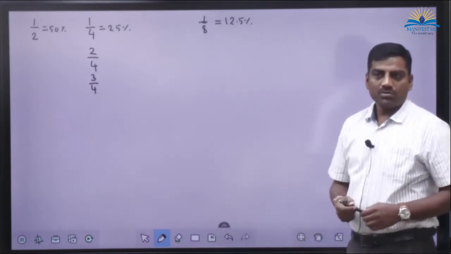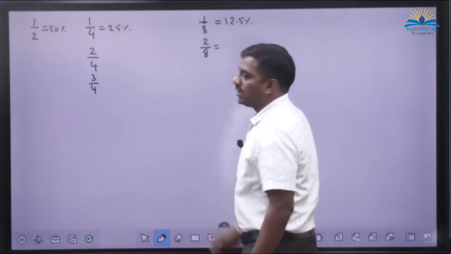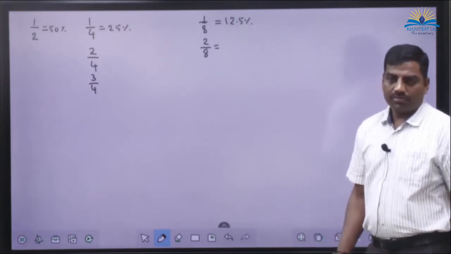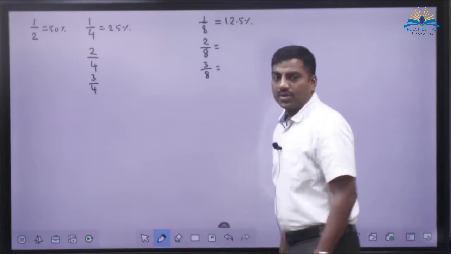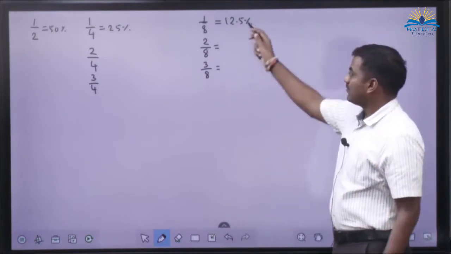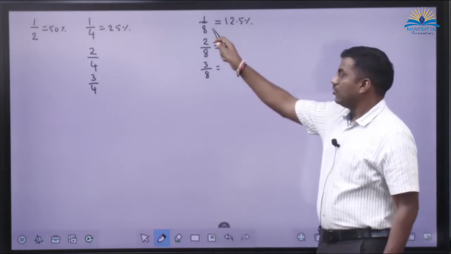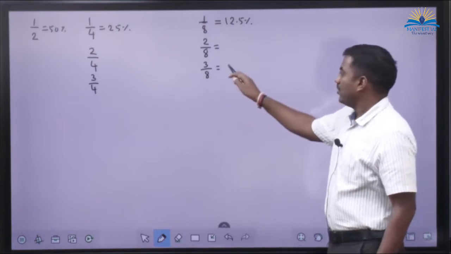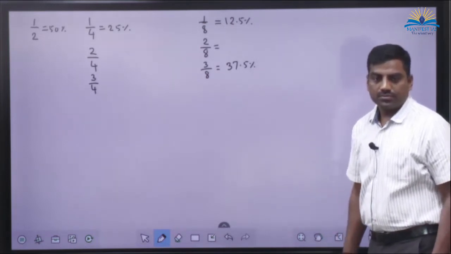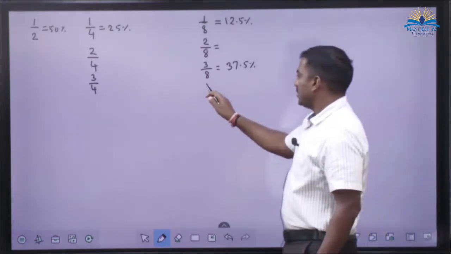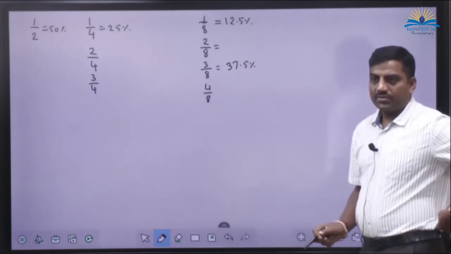Then 2 by 8 is nothing but 1 by 4. 3 by 8: it is 3 times of this, 3 times of 12.5, right? 1 by 8 into 3 is 3 by 8. So 12.5 three times is 37.5%. 4 by 8 is 50%.